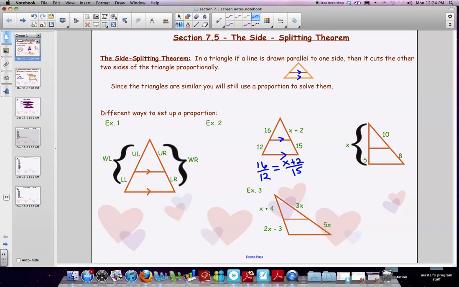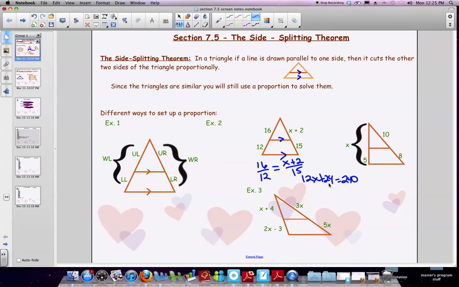From there, we cross multiply, and we would take 12 times x plus 2. Since you're taking one number times more than one thing, you'd have to distribute. 12 times x is 12x, 12 times 2 is 24, and that would be equal to 16 times 15, which is 240.